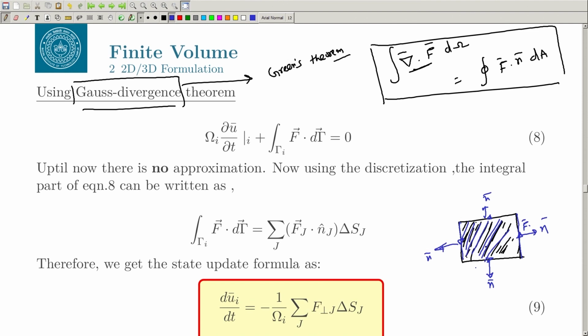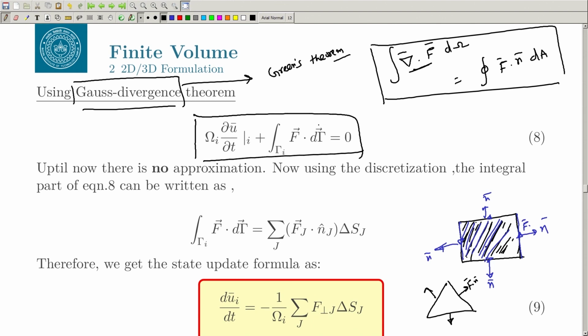It can be done for the 3D also, in the triangle also. So let us say if you have a shape like this, then you can use it like this. That way you can basically calculate. This is f dot n. So you can write your formula like this.